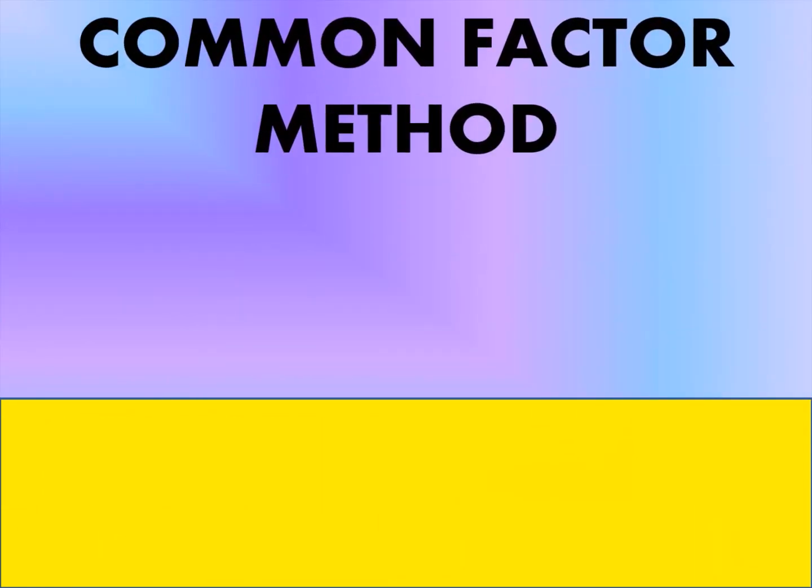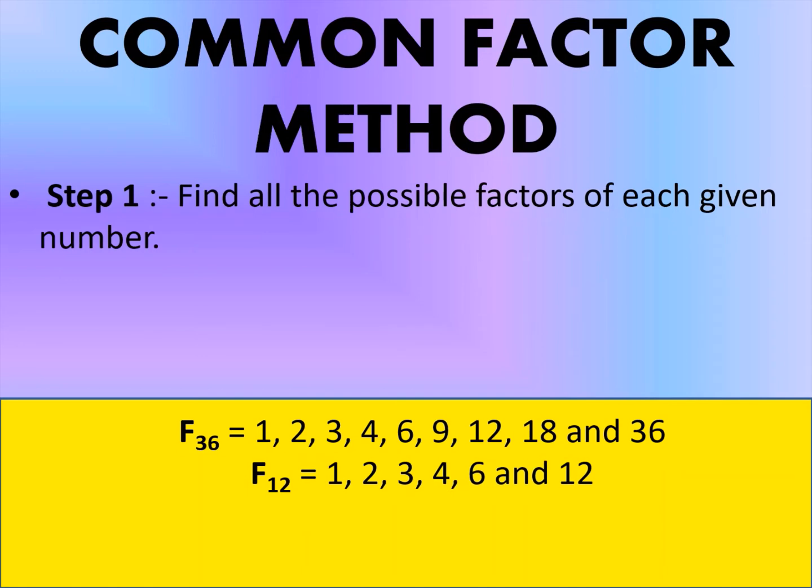Now, there are three main steps which you can follow to find the HCF of the given numbers by the common factor method. Step 1. Find all the possible factors of each given number.